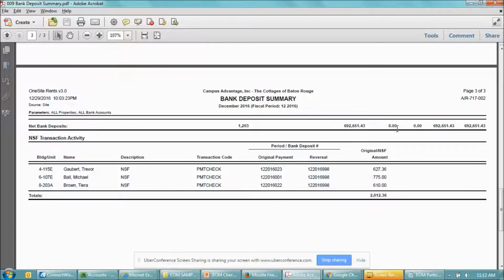We covered everything on the bank deposit summary that would be applicable. I think so. It's good to know that the bank deposit summary, which you're actually on right now, has any NSF activity that has been posted at the bottom. It's something you might want to look at to check whether somebody's check was NSF for the month, and that might help with your collections, if you haven't already been notified.